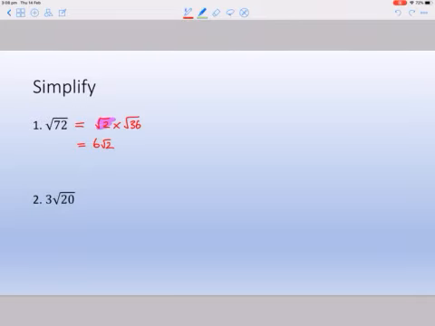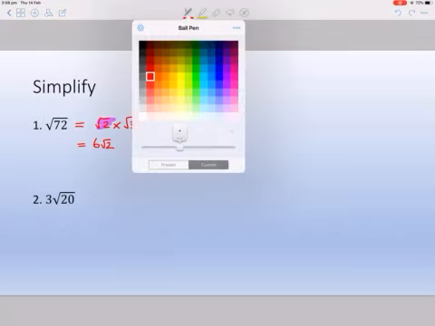All right, I'm going to simplify this second one as well. I'm going to look for factors of 20 where one is a square. Can you think of any? If you thought of 4 and 5, that would be really good because that's the one I thought of.